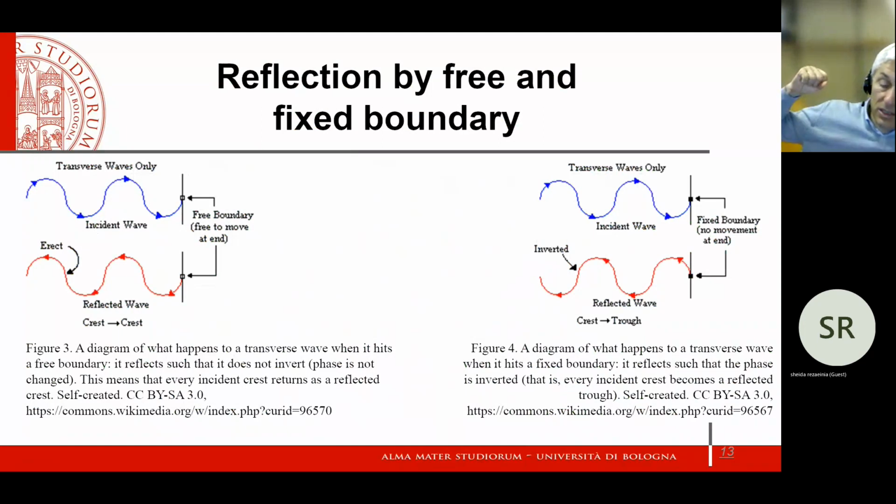So the wave generated into the harbor needs to meet the ocean in a position that is fixed. And this originates a reflection given by a wave that has the same amplitude but opposite phase. And if the phase is opposite, then a crest corresponds to a trough, and the two waves cancel each other.